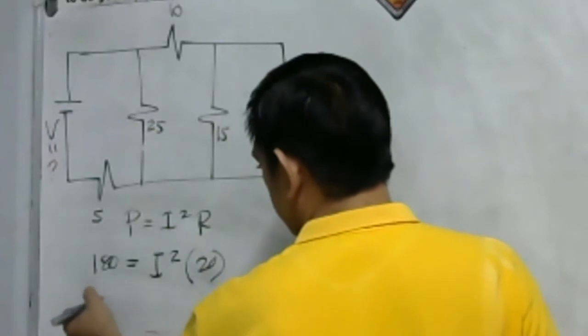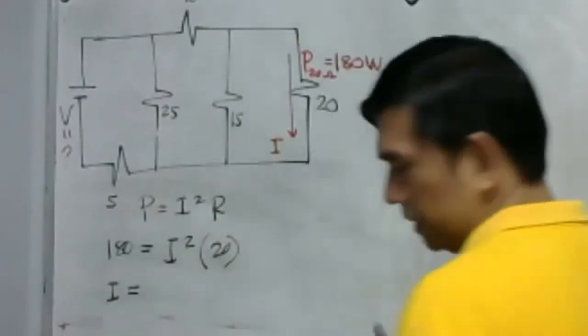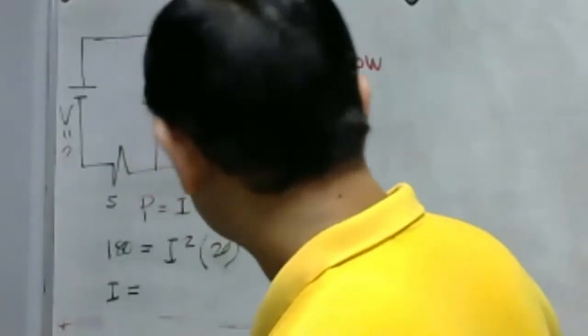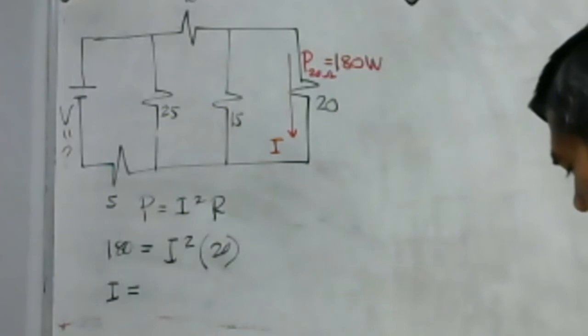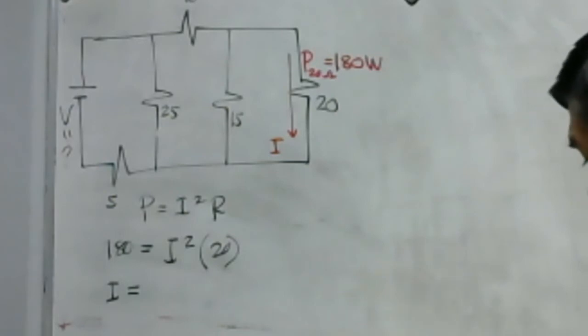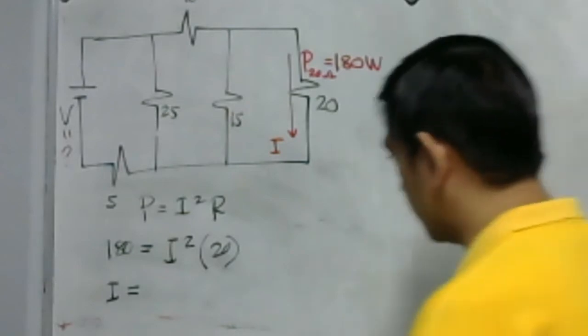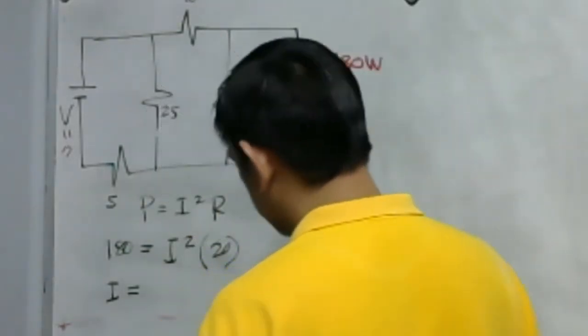Okay, shift solve lang. Ilan ang sagot natin for our current? Okay, our current here is 3 amperes.